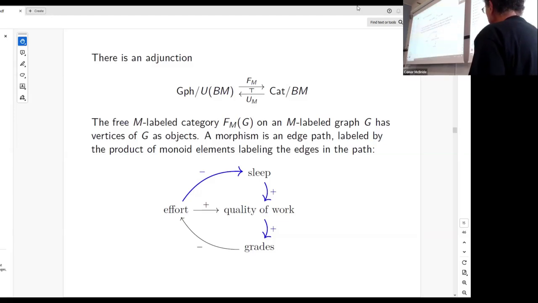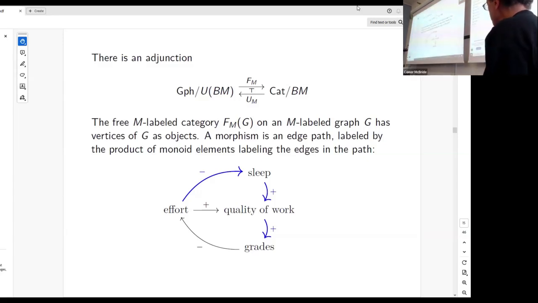But now if we take the free M-labeled category on it, now we get a category where, for example, there will be a morphism in this category for effort to grades, and that morphism will be this edge path that's shown in blue here, and this edge path will be labeled by an element of M, and that label is just the product of the labels of these edges. So it would just be minus times plus, which is minus.